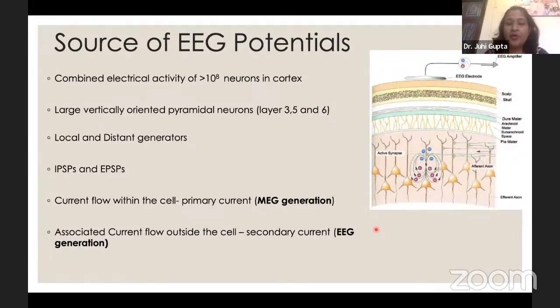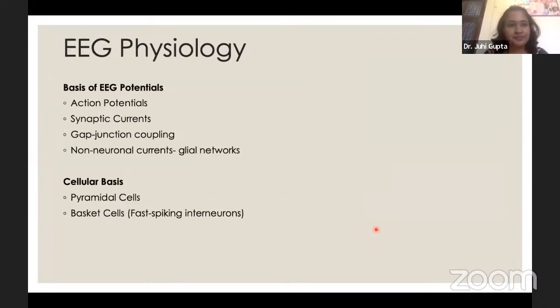The current flow within the cell, which is the primary current, is actually recorded by a machine known as MEG, magnetoencephalography. What we record in EEG, which is electroencephalography, is actually the current flow outside the cell, which is the secondary current. So MEG is a machine which is a part of epilepsy surgery workup. In many patients who are worked up for epilepsy surgery, a MEG study is ordered. But today we'll focus on EEG.